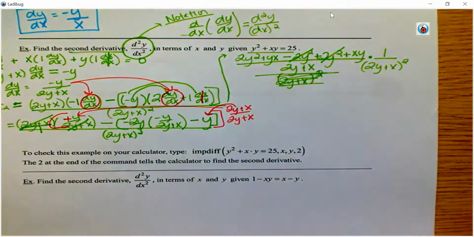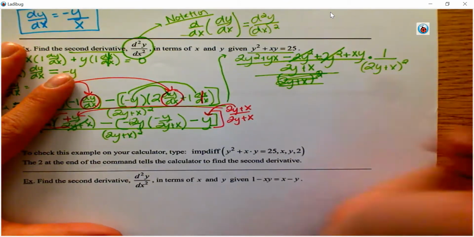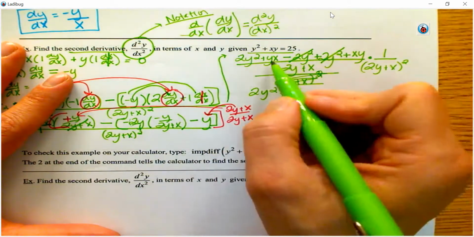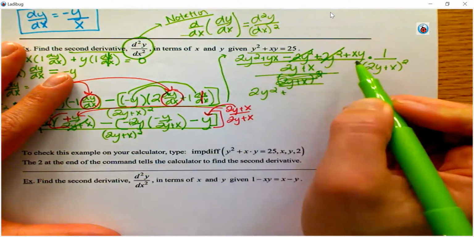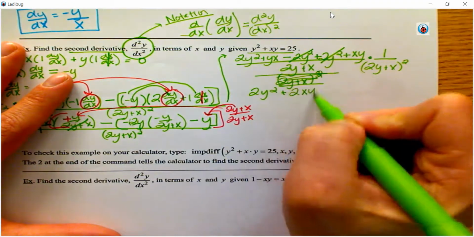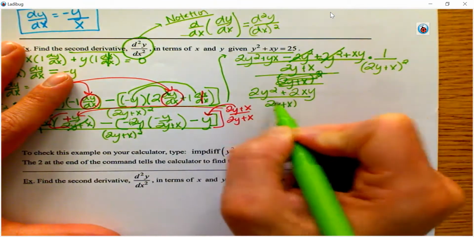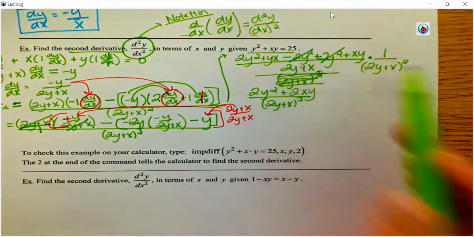So this is what I have right now. Okay, so I'm going to clean this up a little bit. We got 2y squared plus, I have xy and an xy. So how many xy's do I have? 2 xy's, right? All over 2y plus x quantity cubed now, because you got to multiply this by this.